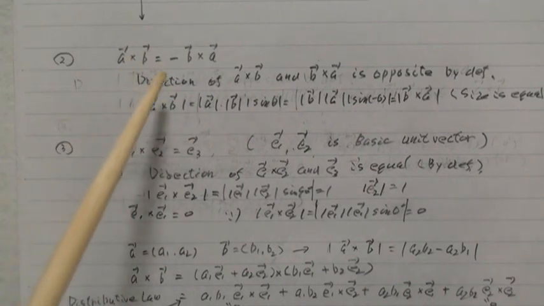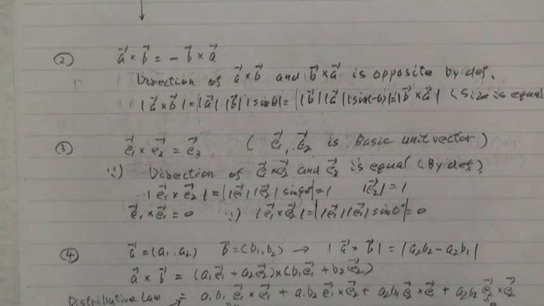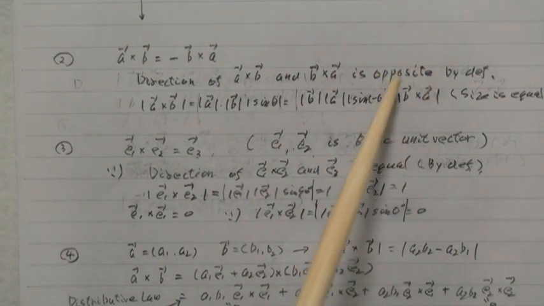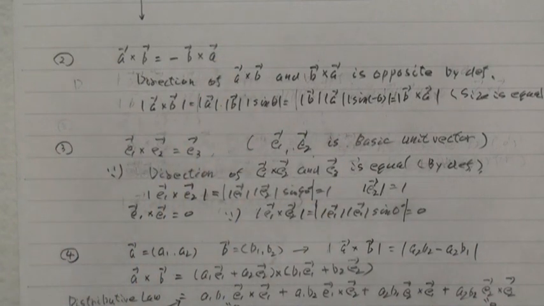The size of vector A outer product B and vector B outer product A is equal.